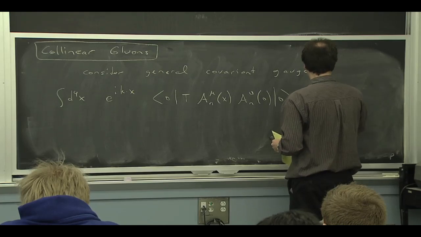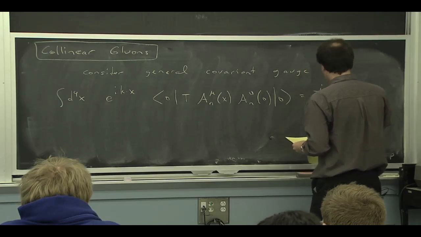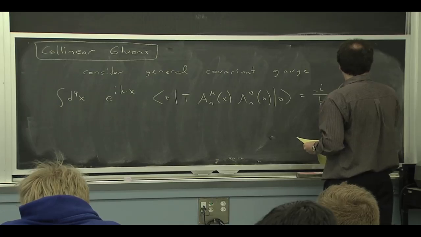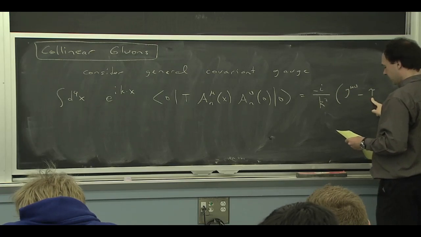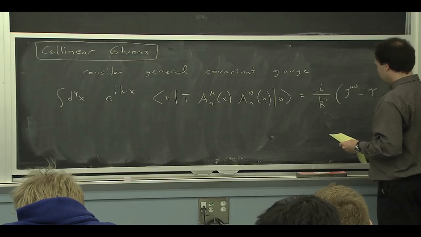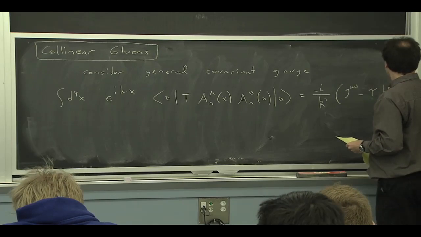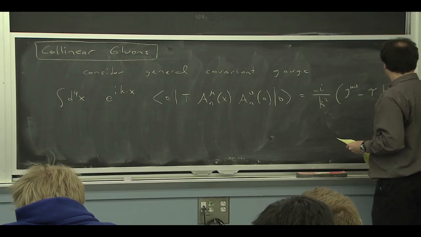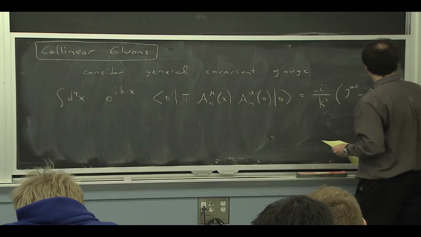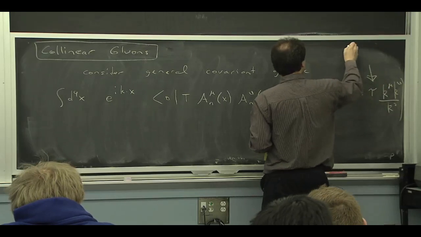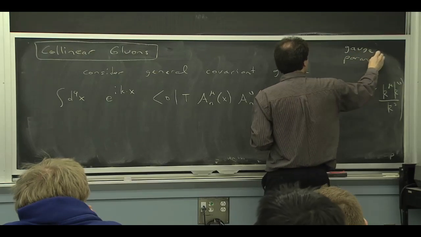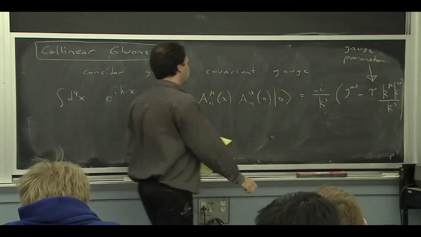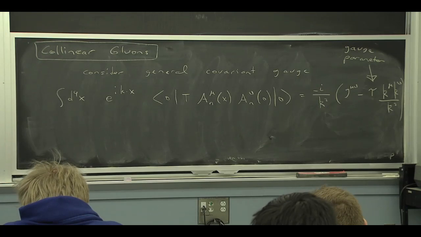I'm just writing down a full theory result. We called C something else, so we better not make that the gauge parameter. So let me call the gauge parameter tau.